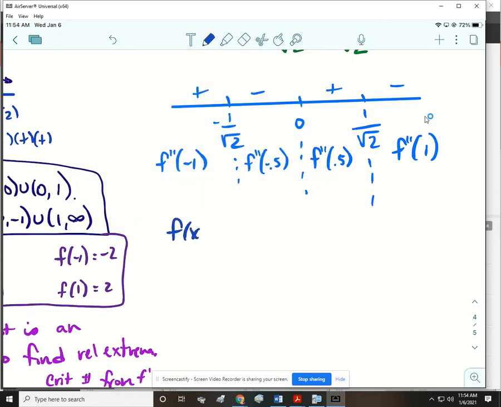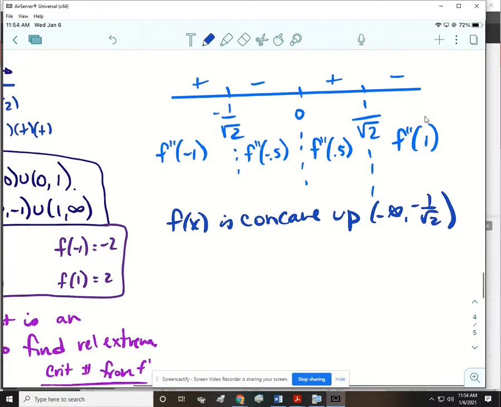So f of x is concave up from negative infinity to negative 1 over the square root of 2, and from 0 to 1 over the square root of 2.